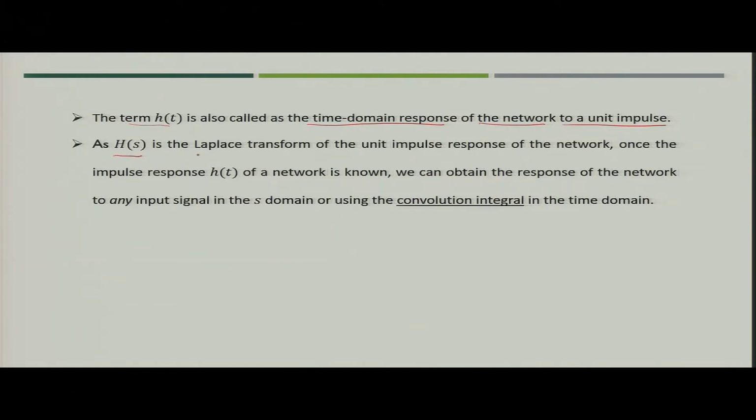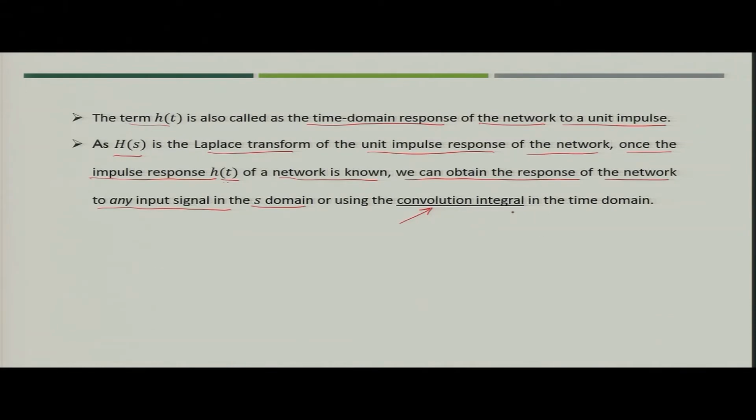Now, as Hs is the Laplace transform of the unit impulse response of the network, once the impulse response Ht of the network is known, that means that we know the response of the circuit when a unit impulse input is provided, then we can obtain the response of the network to any input signal in S domain using convolution integral in time domain or corresponding S domain analysis for convolution integral.